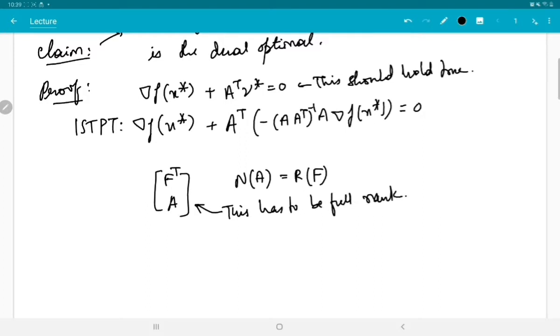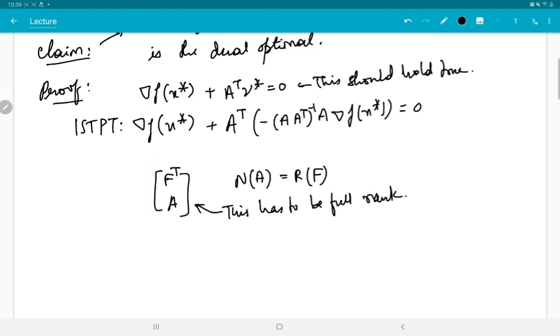So if this matrix is full rank and we have to prove that this is 0, we can just multiply them and see that this is indeed 0. The product is 0 only when this term is 0.